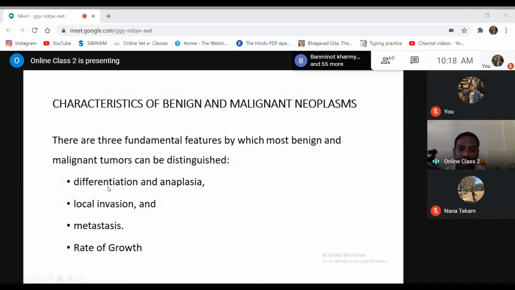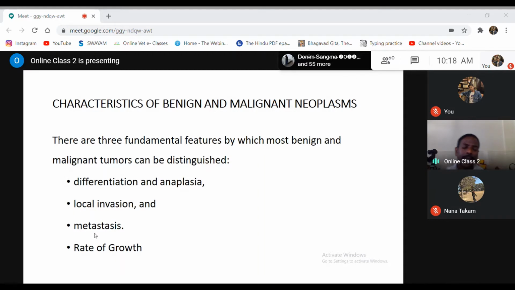The first feature is differentiation and anaplasia. Of course, we will be discussing what these are subsequently. Then the next feature is invasion, local invasion. Then the third feature is metastasis. So these are the three important features based on which benign and malignant tumors can be differentiated.